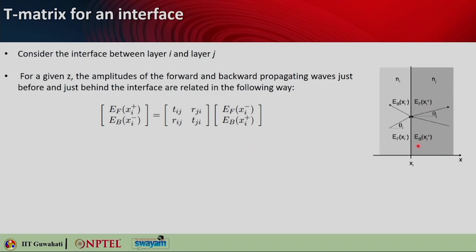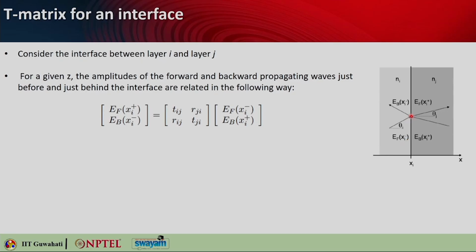Right now we are trying to correlate these. We will not look into the matrix equation first; let us write what is E_F at x_i plus. Whenever there is an incident wave that is forward propagating, we will write it as E_F, and to mention the location we say it is x_i minus.